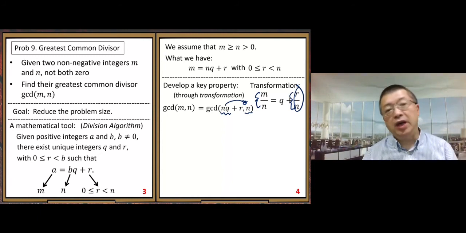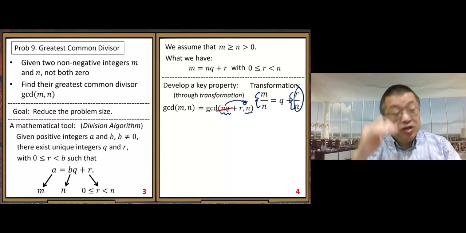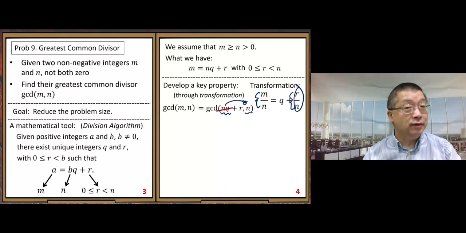That's the key property we need. So with that observation, we can just cross out that qn, because nothing changed after we remove that qn number.